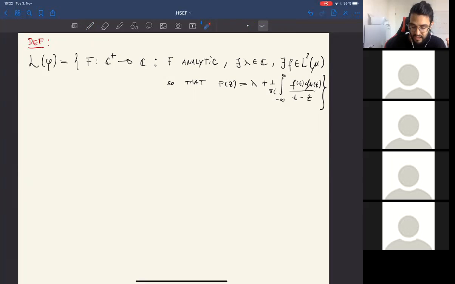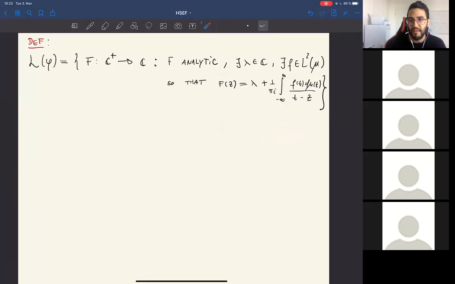However, you have to show that the definition is unique, in the sense that it could be the case that you can represent this function with a different lambda and a different little f, and then you get the same thing. So when you add two functions, say f plus g in the space, you're adding lambda_f plus lambda_g, and you're also adding f_t plus g_t.